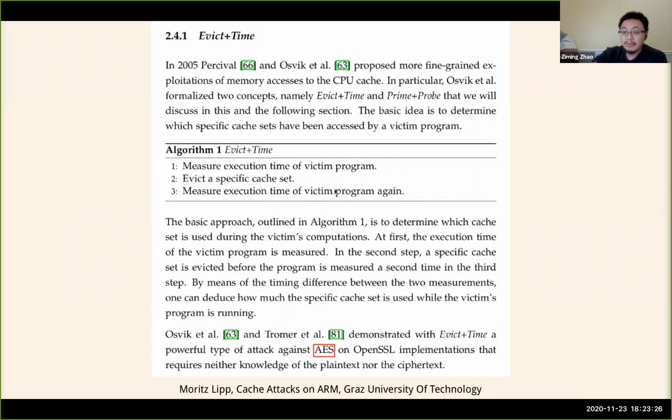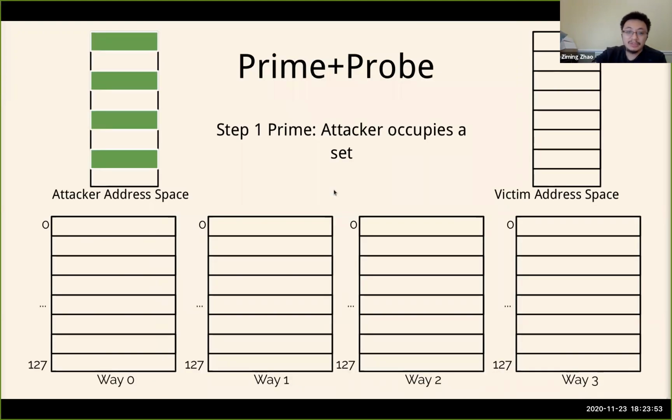If the victim program does not use anything in the cache set, then the execution time should be the same, right? If the victim program does use some data in the cache set, because we evicted it, what will happen? The second time we measure it, it should be a little bit slower. Okay, so that's the evict and time approach.